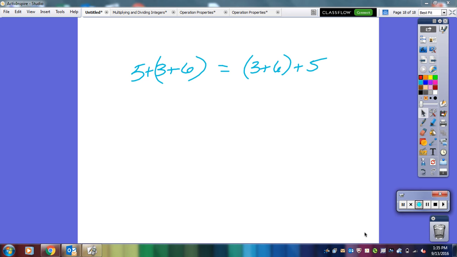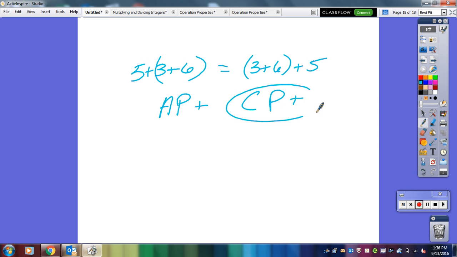What property are they trying to demonstrate with this example? Once again, for this one, I asked students, and the two guesses that I heard were the two that I wanted and expected to hear: associative property of addition and commutative property of addition. And this is an example of the commutative property of addition.